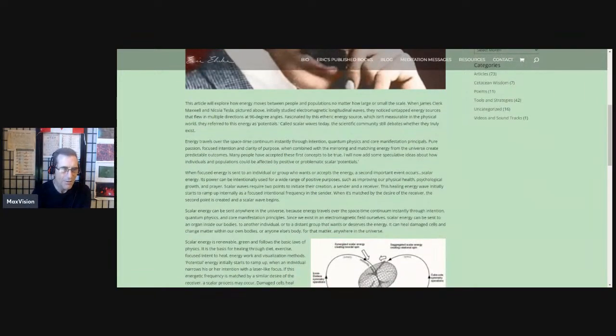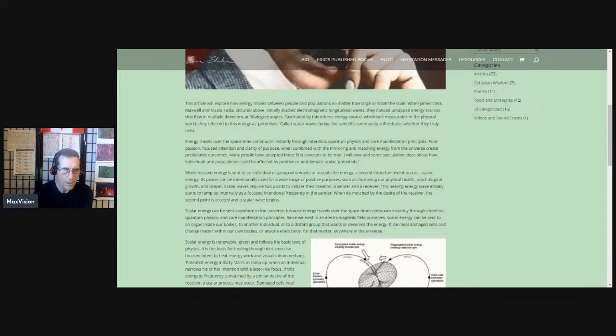Okay, let's continue. When focused energy is sent to an individual or group who wants to accept the energy, a second important event occurs. Scalar energy power can be intentionally used for a wide range of positive purposes, such as improving our physical health, psychological growth, and prayer.